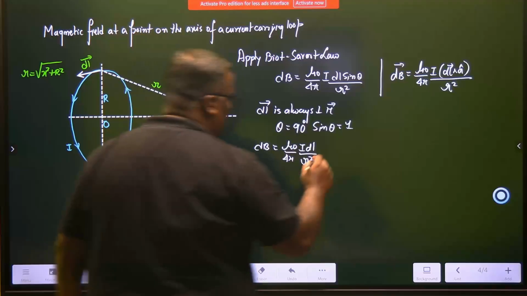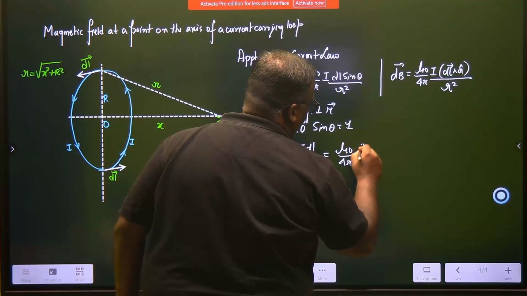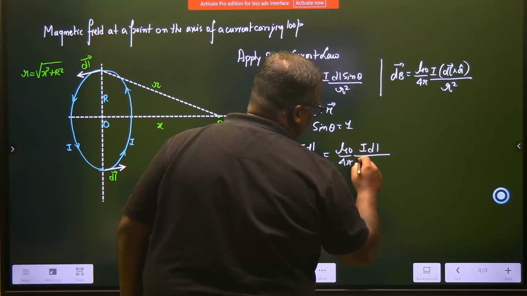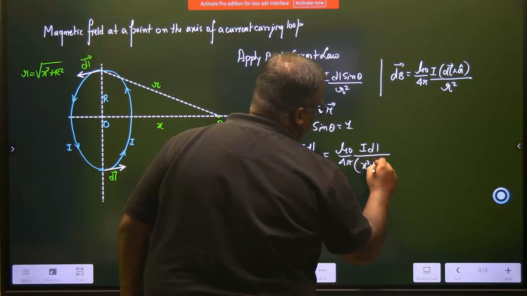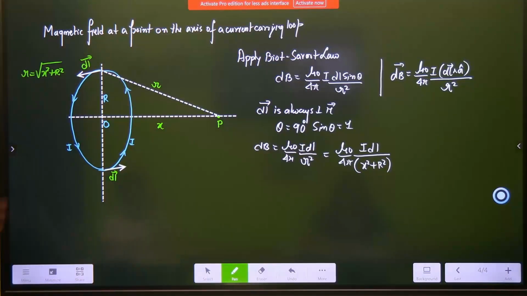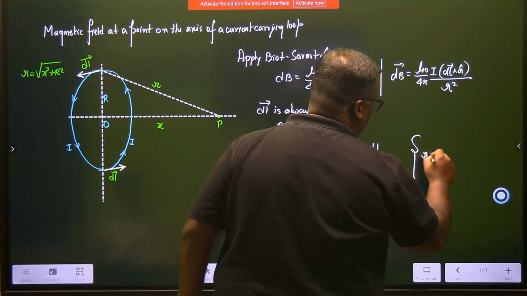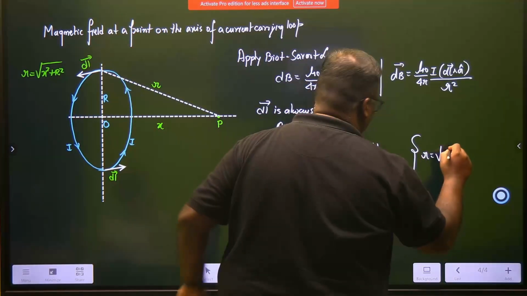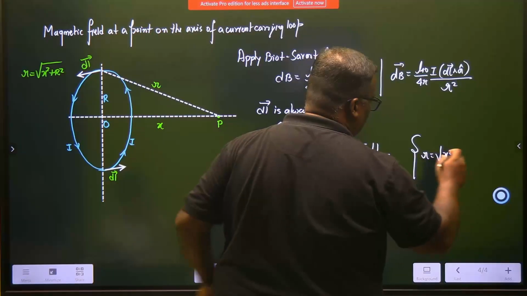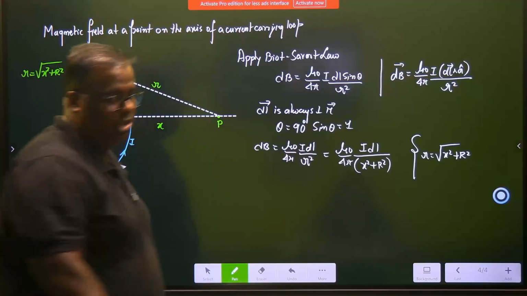And further, I can write it as mu naught by 4 pi I dl divided by x square plus r square. Check. You can put your note out here that R is equal to root of x square plus capital R square. We'll put that.